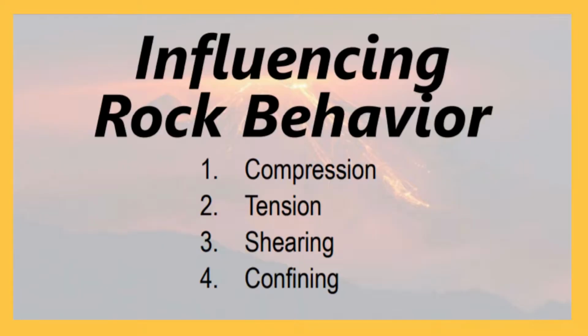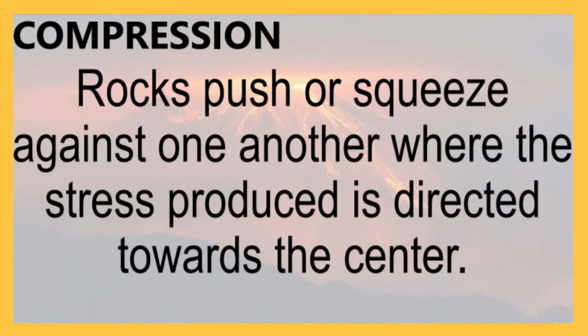Now, what are the stresses that influence rock behavior? We have four major ones. The first one is compression. Compression is where the rocks push or squeeze against one another, where the stress produced is directed towards the center.